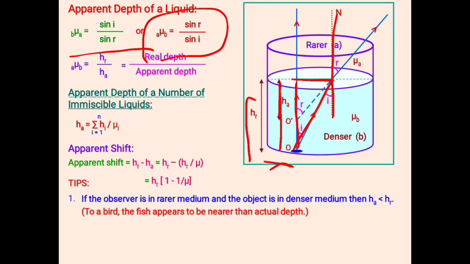If the observer is in the rarer medium and the object is in the denser medium, the height appears lesser than the real depth. Obviously, to a bird, the fish appears nearer than its actual depth.